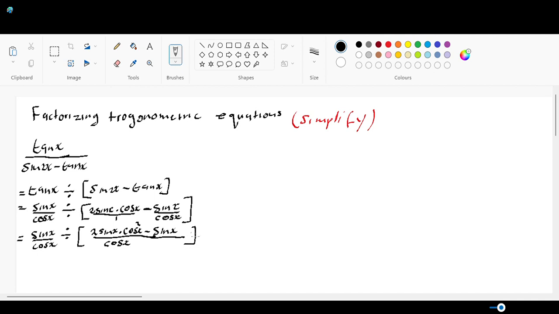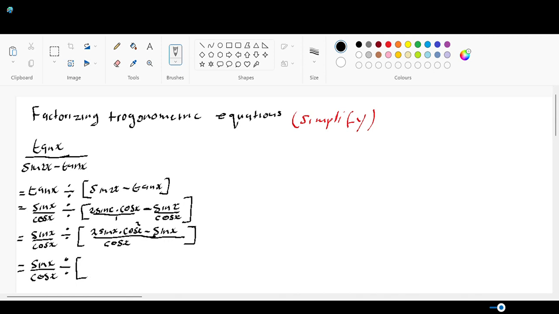Alright, let's continue. This one we continue writing like this. There's nothing we can do at the moment on this one. So here we still have to simplify the bracket there. If you look at the numerator, we do have a common factor. What is our common factor here?